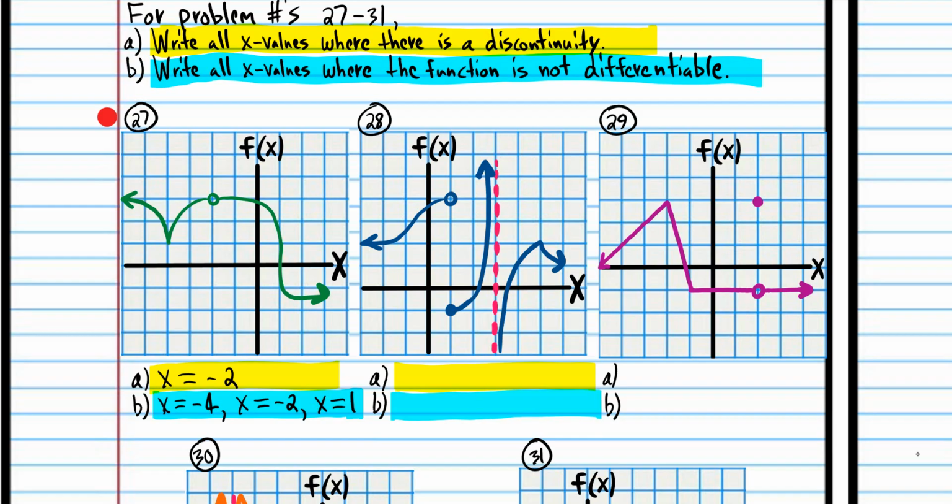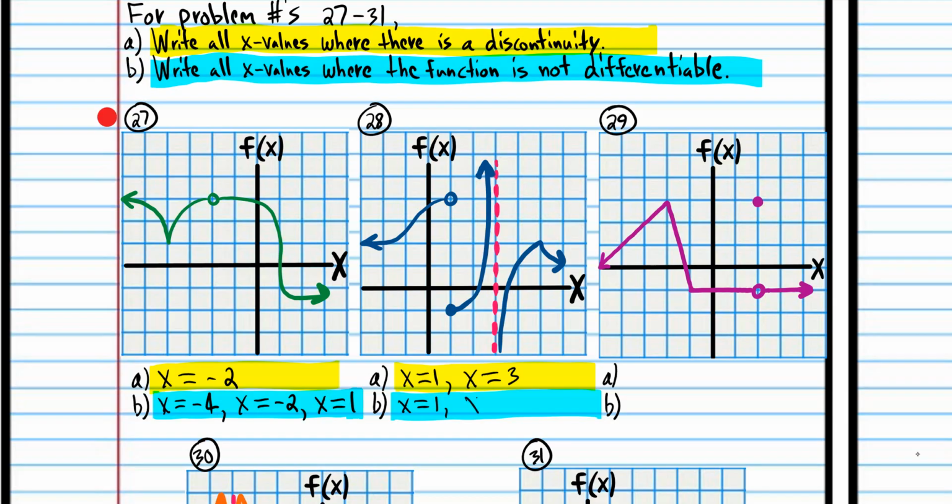Okay, so let's look at this blue graph. Where are all the discontinuities? Well, we have a discontinuity at x equals 1. That's a jump discontinuity. And we also have an infinite discontinuity at x equals 3. That's a vertical asymptote. Now remember, if a function is not continuous at some x value, that means it's not differentiable. So the function is not differentiable at x equals 1.